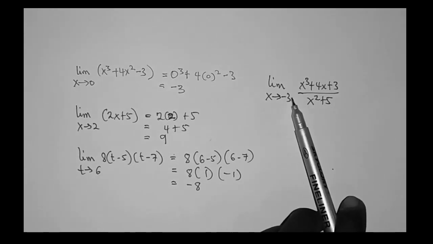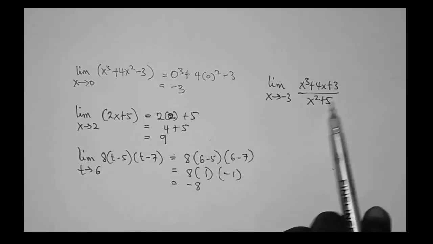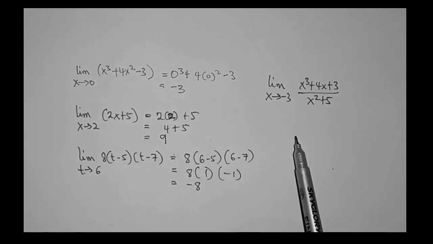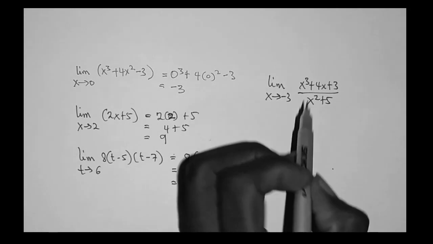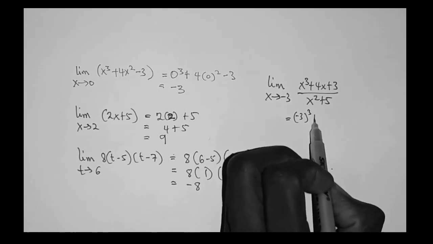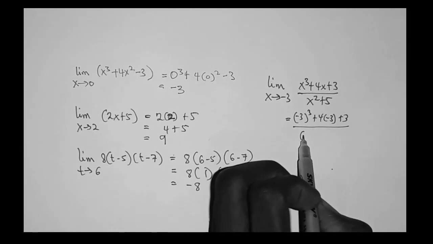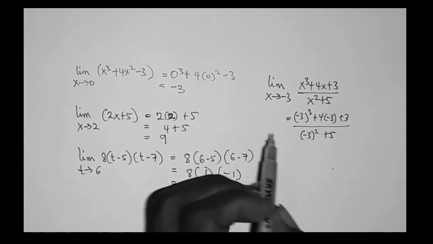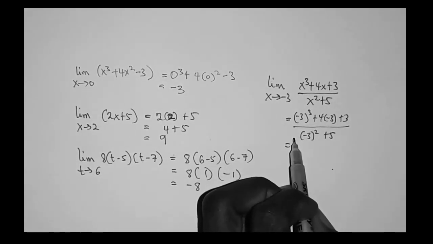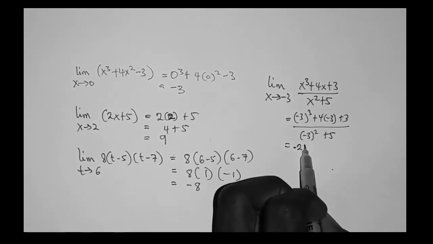In this case, minus 3 squared is 9, and 9 plus 5 is 14. So the denominator does not go to 0, and therefore this is straightforward. You just have to insert minus 3 inside. So this is equal to (minus 3 cubed plus 4 times minus 3 plus 3) divided by (minus 3 squared plus 5). Minus 3 cubed is minus 27.